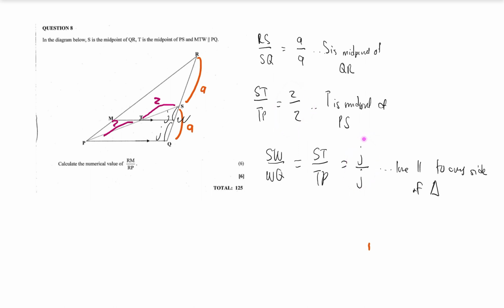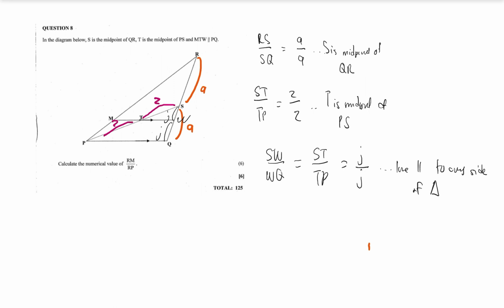Why? Because Z over Z is 1 over 1, and J over J is also 1 over 1, so even if I wrote J over J or Z over Z, it's still the same thing. The reason I wrote J over J here was to show the marker that I'm going to be using the variable J to represent the side SQ. And now I can start with my stuff.